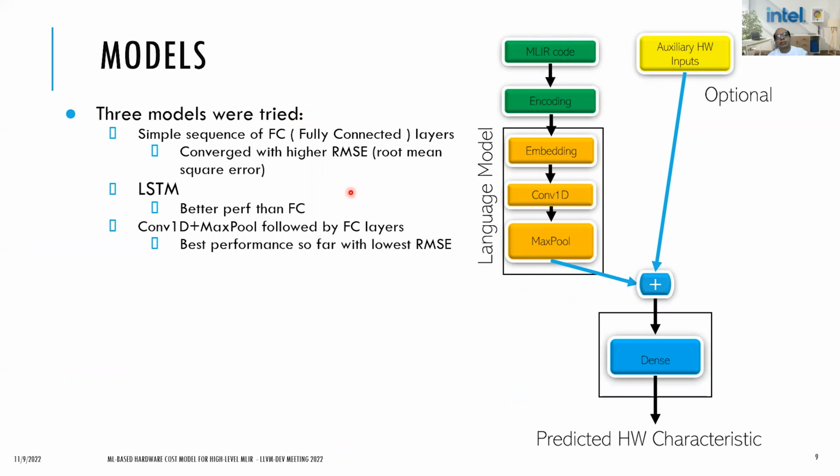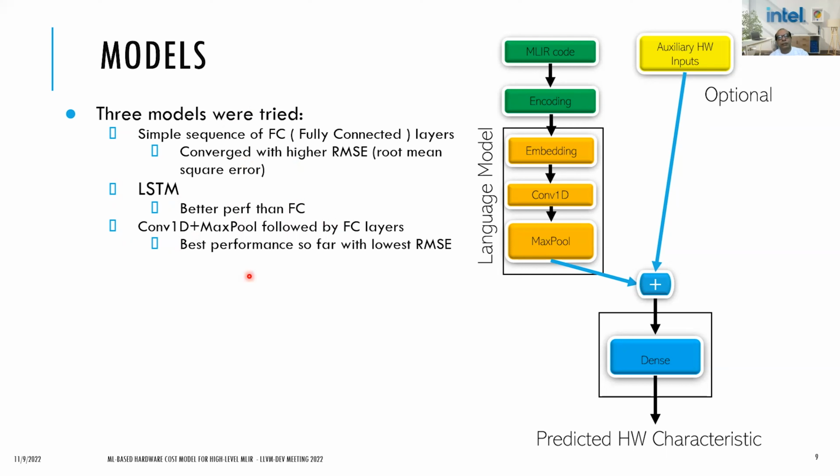This converged in general with a fair amount of accuracy, but not as good as we wanted it to be. We also passed the same sequence through LSTM, which is a very well-known model used for text sequences and things like that, which performs better than FC, but still there is some accuracy drop.